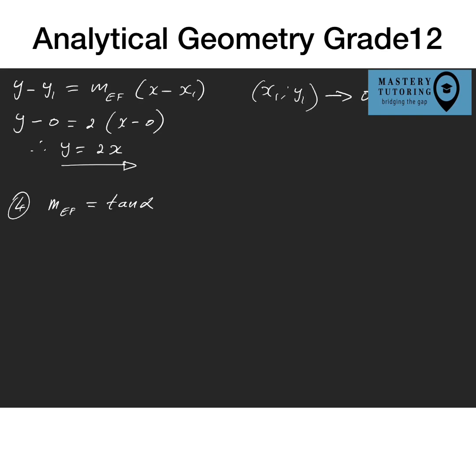We already know the slope, which is 2. We can just substitute here and then calculate the angle. So this will serve as our method 1. Let me just write here on top to say method 1.